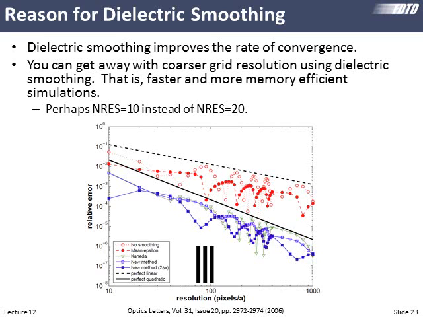That's not practical. So if we smooth them, that improves the rate of convergence, meaning we can use a much coarser grid than we would need otherwise. This makes our simulations run faster and take up less memory, which is all very good.